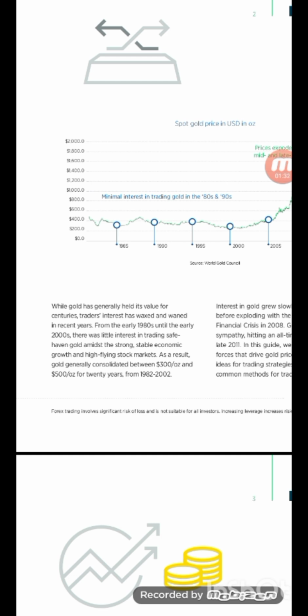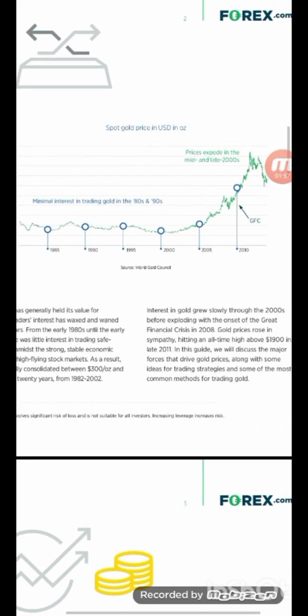in recent years. From the early 1980s until the early 2000s, there was little interest in trading safe haven gold amidst strong, stable economic growth and a high-flying stock market. As a result, gold generally consolidated between $300 and $500 an ounce for 20 years from 1982 to 2002.